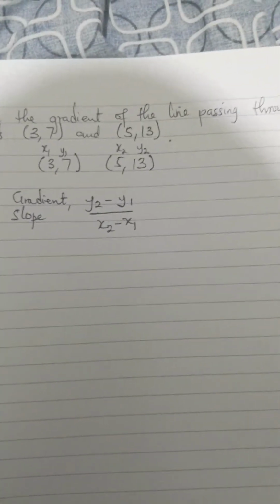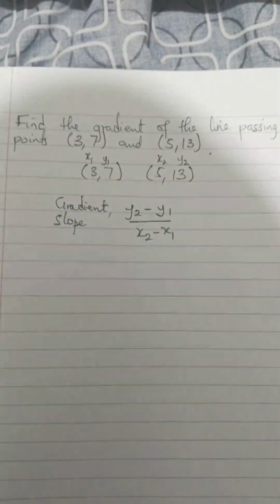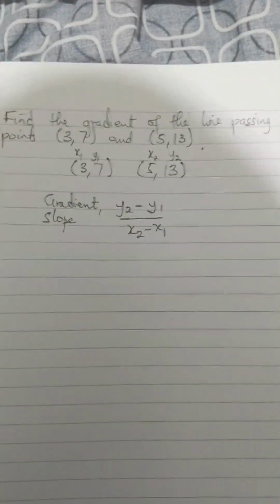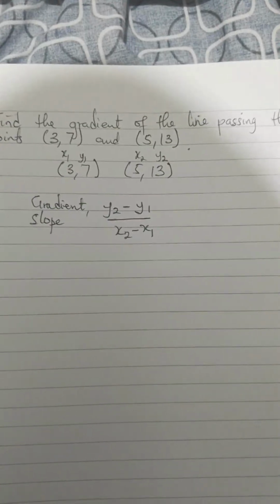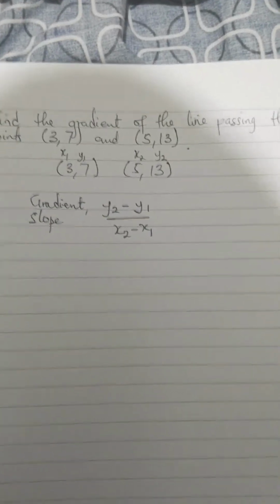To find the gradient of the line passing through the points 3, 7 and 5, 13, the first point you can label as x1, y1, then you have x2, y2.